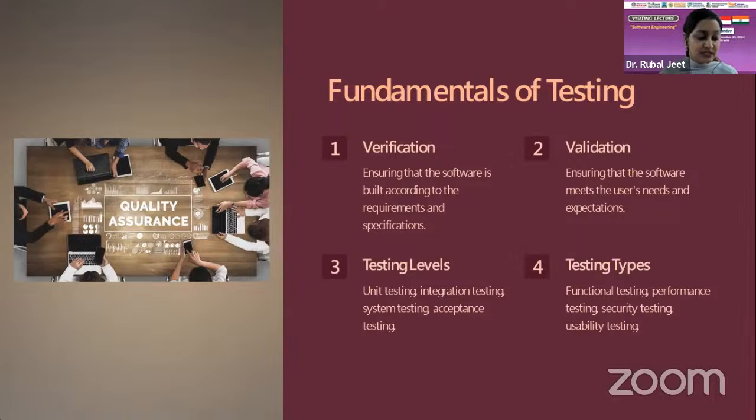Then you have the testing levels. Unit testing means that one by one you work on your modules and test each and every module. Then integration testing. System testing is basically when you are working with alpha testing, beta testing and acceptance testing.